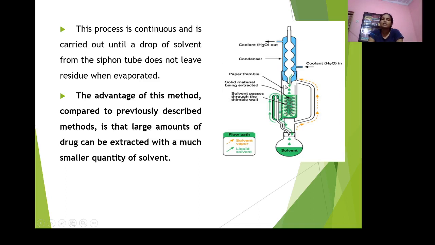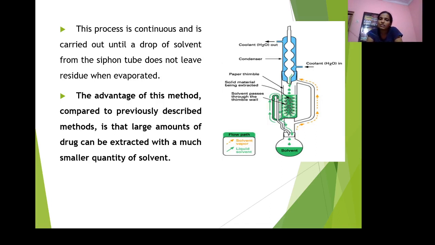And extraction is carried out by using contact extraction, and the active constituents which are soluble in that solvent, the solvent having high capacity for extraction of that active constituent.